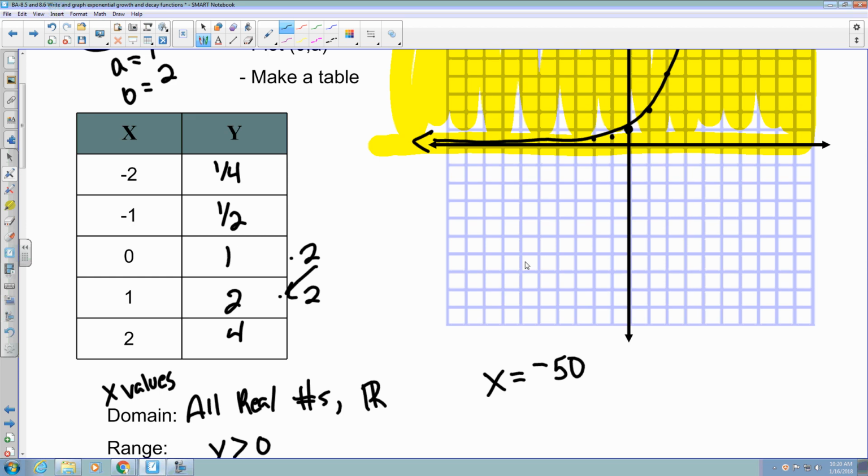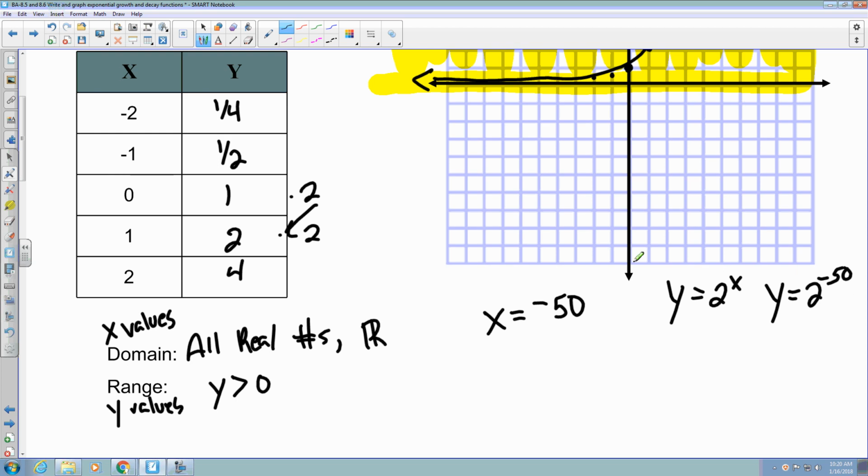So if I were to plug this into y equals 2 raised to the x power, substituting that in, I would say that y would equal 2 to the -50 power. Well, going back to our rules of negative exponents, we can always turn that into a positive exponent by placing it into the denominator. So I can say that this is the same thing as y equals 1 over 2 raised to the positive 50 power.